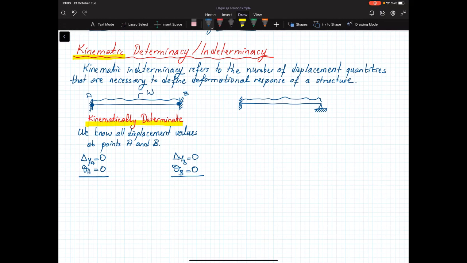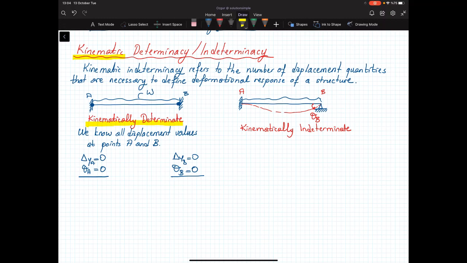Now when we look at the second beam, if we try to sketch the deformed shape, again let's call these points A and B. Here there's one unknown. I don't know what theta B is. Because of this, this is a kinematically indeterminate structure. Why?